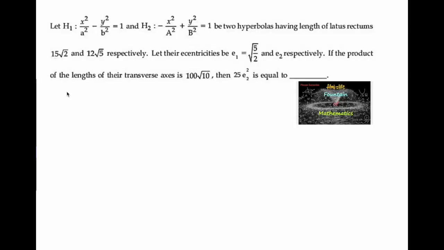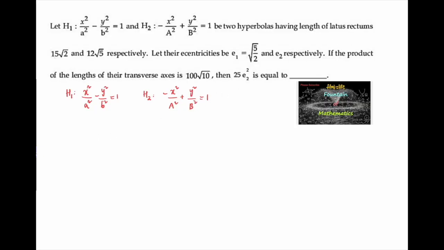Given hyperbolas H1: x square upon a square minus y square upon b square is equal to 1, and hyperbola H2: minus x square upon capital A square plus y square upon capital B square is equal to 1.